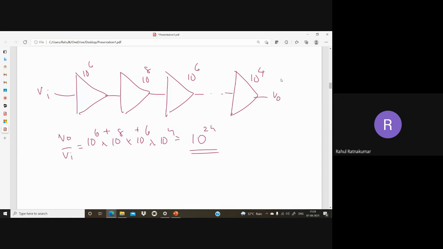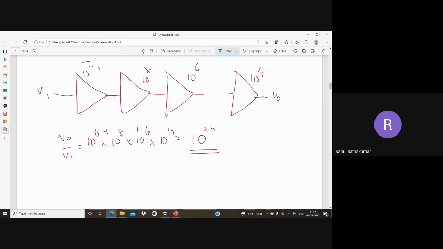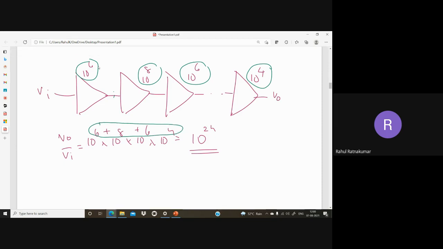So to avoid this, because when we deal with amplifiers we are always dealing with very high gains, in the power of 10 raised to 6, 10 raised to 8, 10 raised to 6, again 10 raised to 4. Anyway, we have to add these exponents of 10, right? So let us take log of all those things.